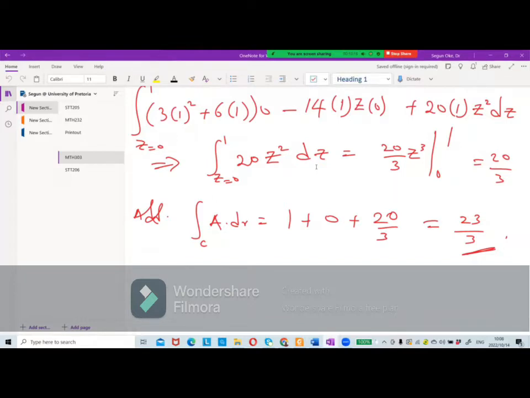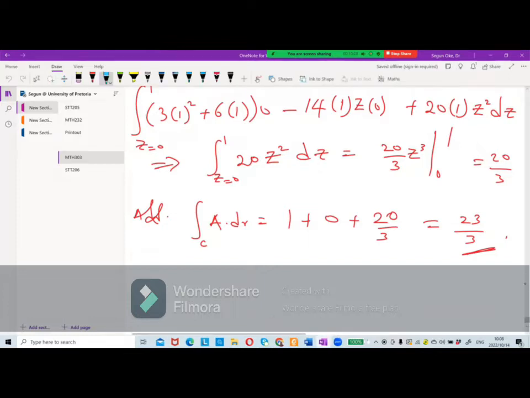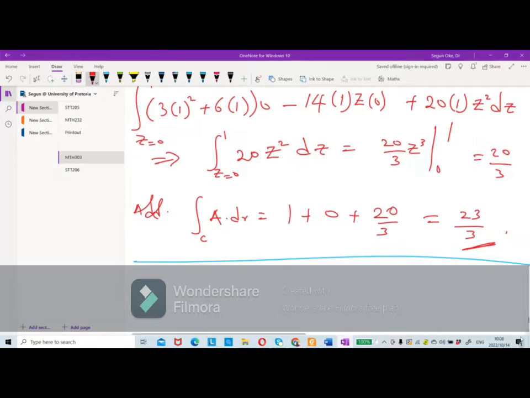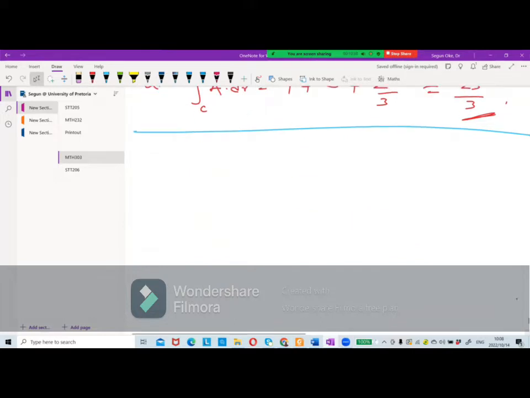Let's look at this question before we solve the integral per se. I'll just give you the highlights and I want you to go and solve it.